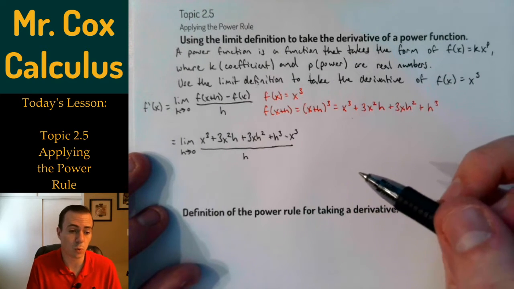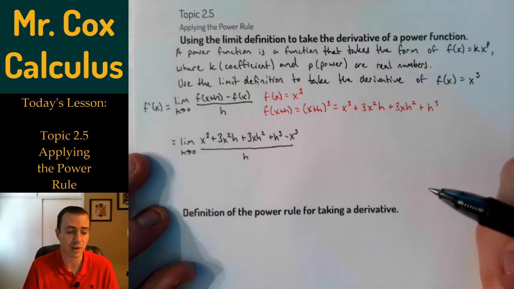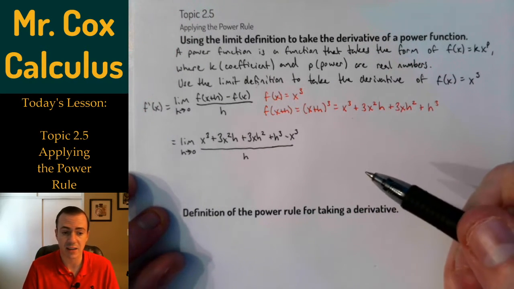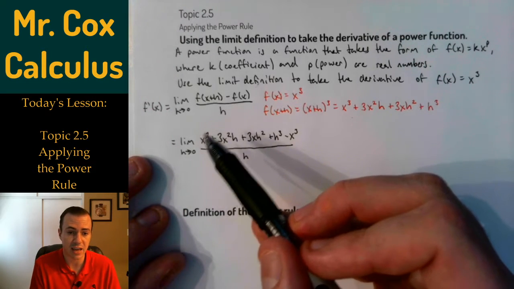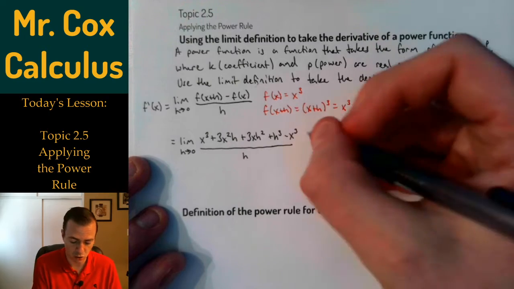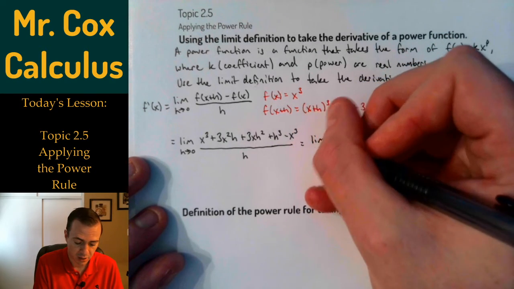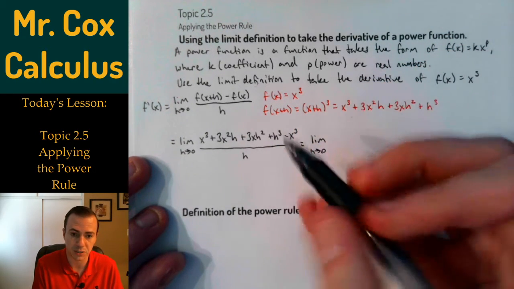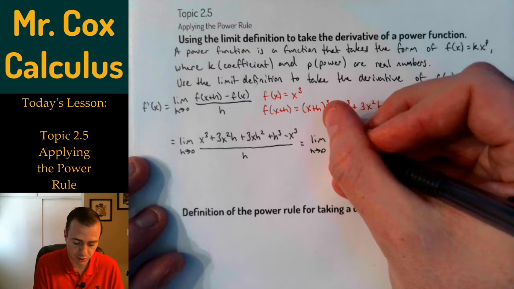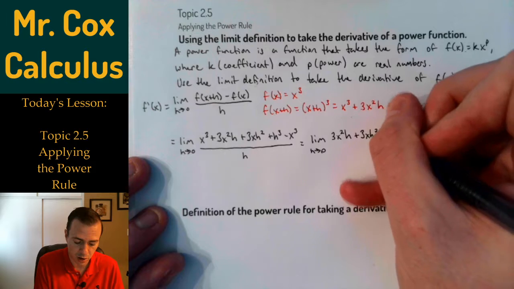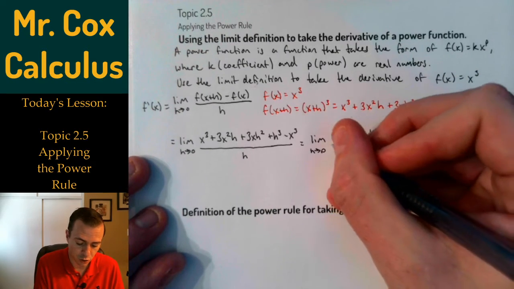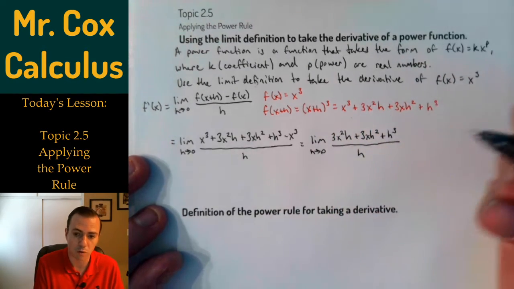Now, as we've worked with this limit definition of the derivative, we're aware that everything without an h should cancel off, and in fact the x cubed and the negative x cubed do cancel each other out. So I'm left with the limit as h approaches 0 of 3x squared h plus 3xh squared plus h cubed, all over h.